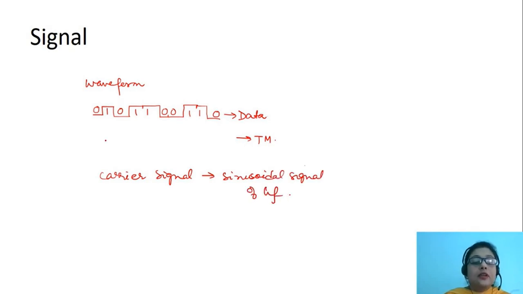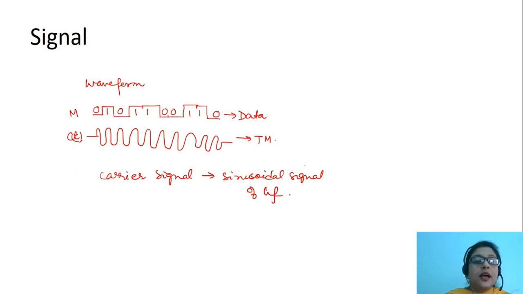So let's say we are incorporating one sine wave and we are multiplying this sine wave with the above signal. So we can call this C(t), the carrier signal. This is the message M. And in order that we convert it to a signal, this message M has to be multiplied by this carrier.